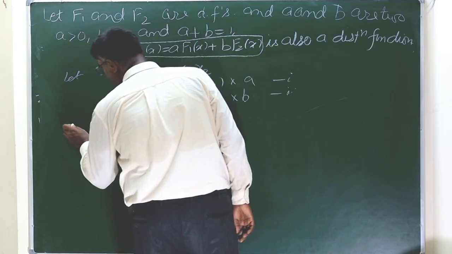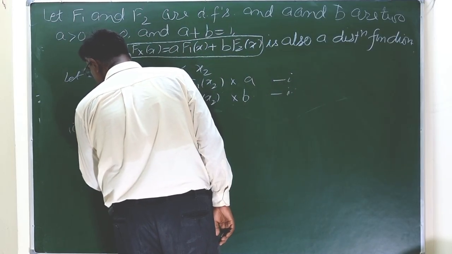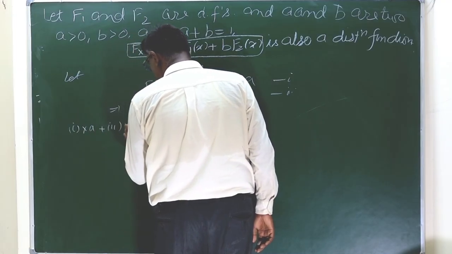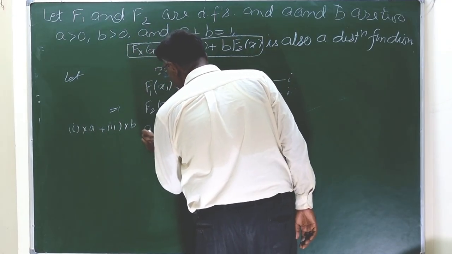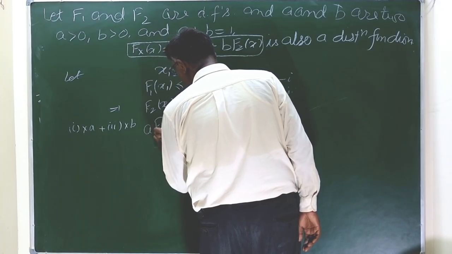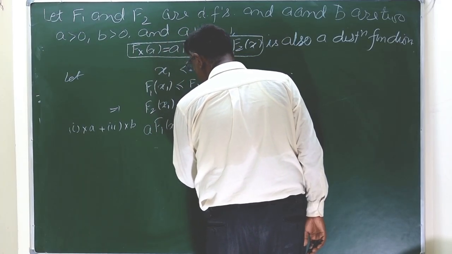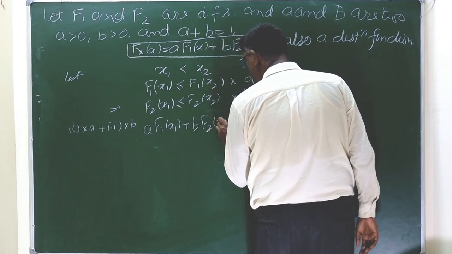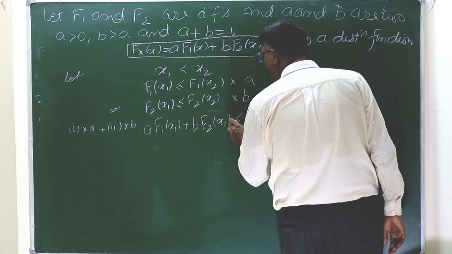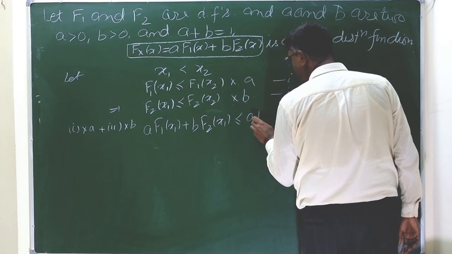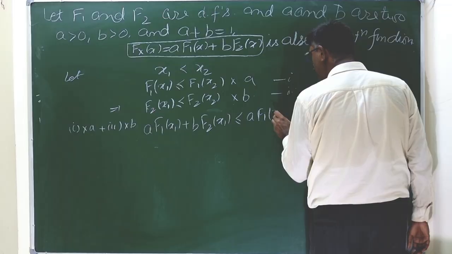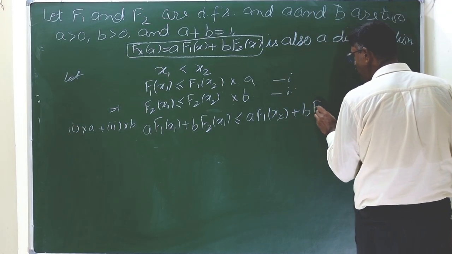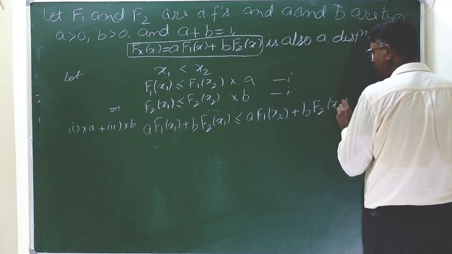So multiplying 1 by a plus inequality 2 by b, we see that a times f1 of x1 plus b times f2 of x1 will be less than or equal to a times f1 of x2 plus b times f2 of x2.